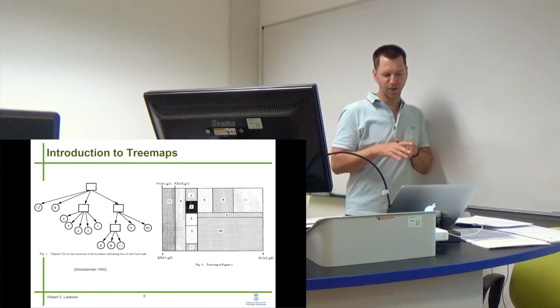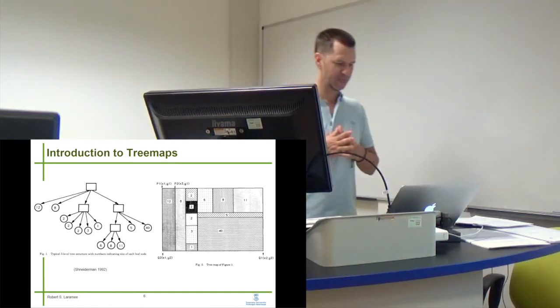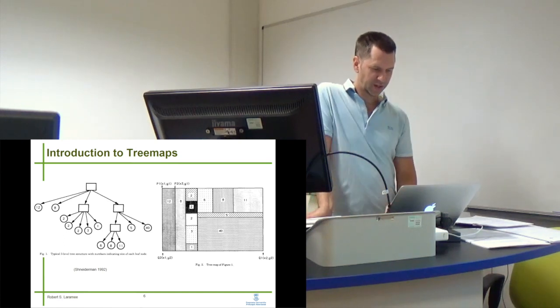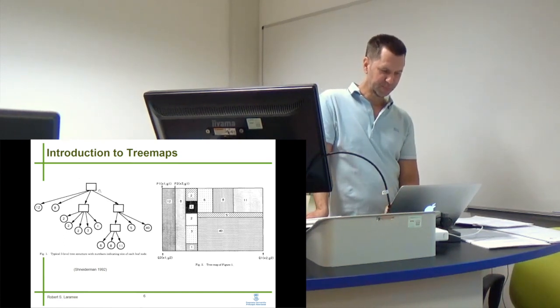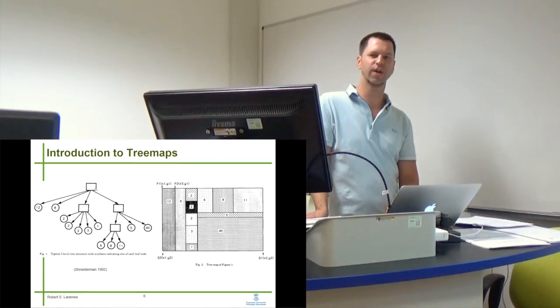Tree maps are a way to visualize very large hierarchical data sets. And here's the idea. It starts with the root of the hierarchy. This is a traditional tree data structure, hierarchical data, and this is what we're used to looking at. Has everybody seen a tree kind of structure before?